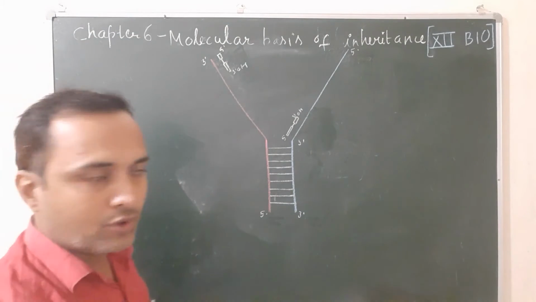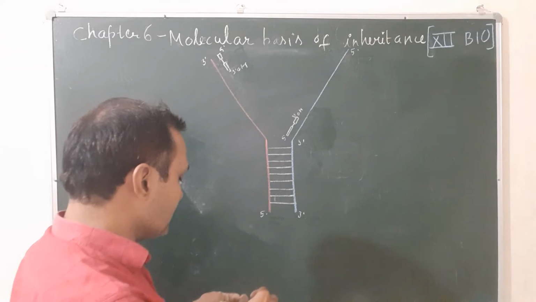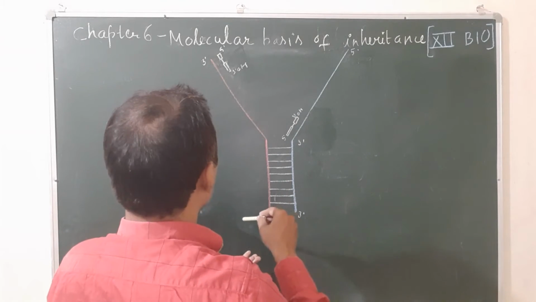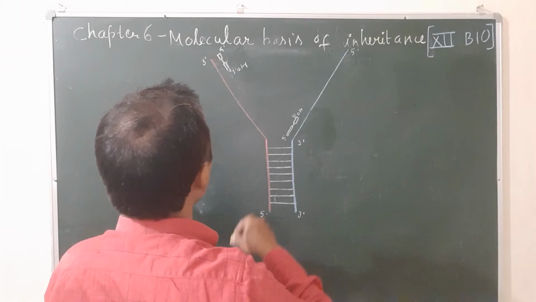In step 2, the RNA primer is synthesized by a special kind of enzyme known as RNA primase. So which enzyme helps here? RNA primase.